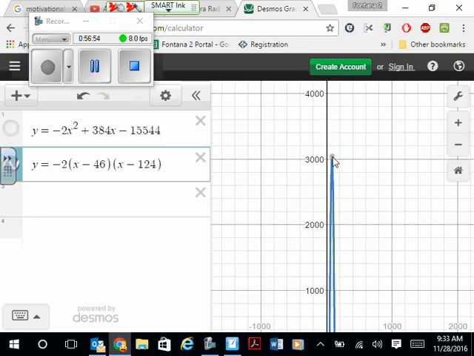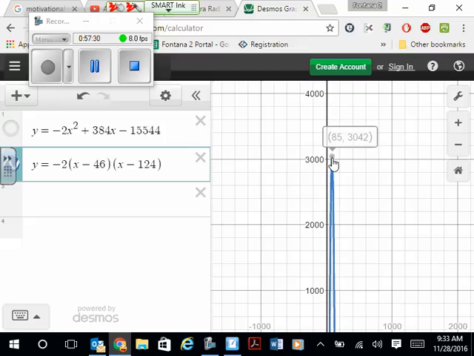In this question, they're asking you to compare just the actual pictures. So it's taller. A higher vertex is another way of saying it. The X-intercepts, I don't know how they fall. What are the X-intercepts on this new one? 46, 0, and 124.